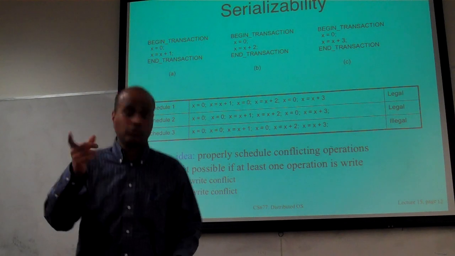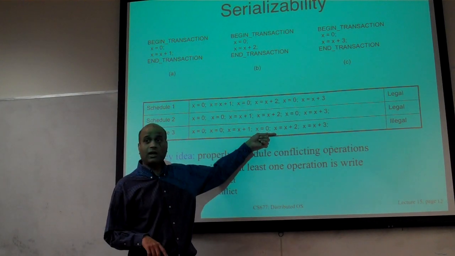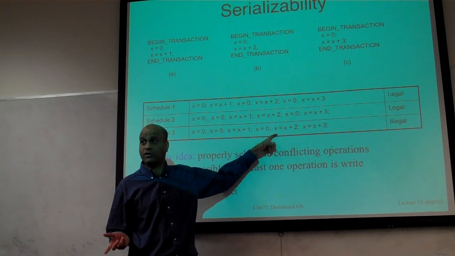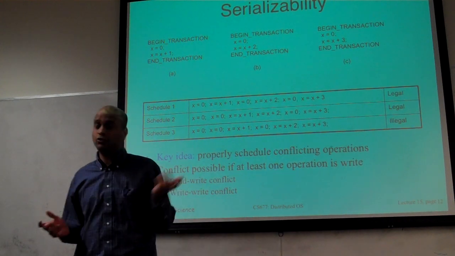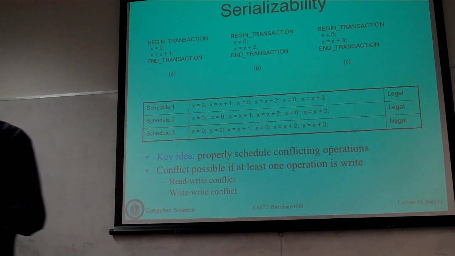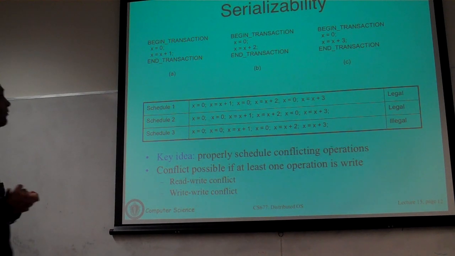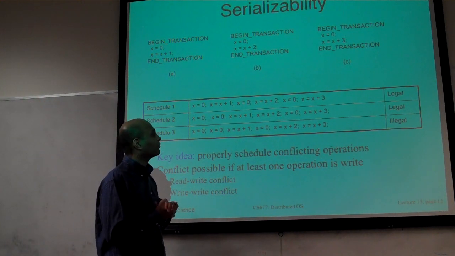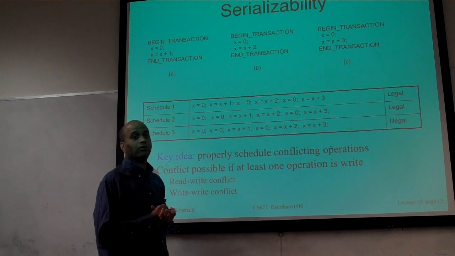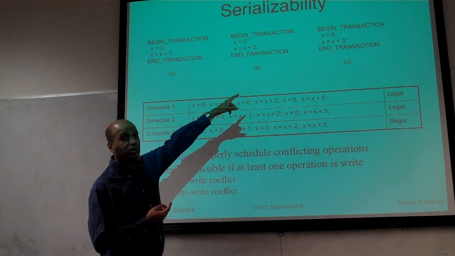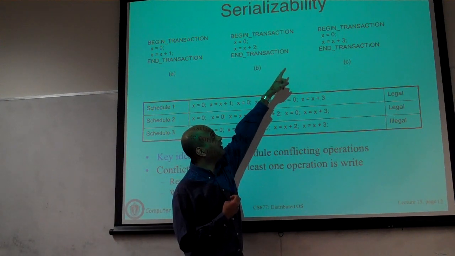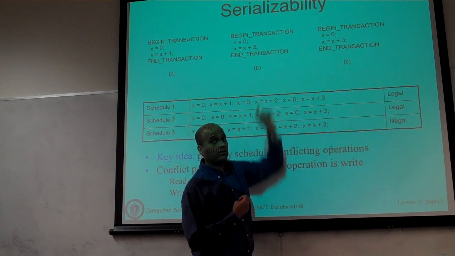Now to come back to your point, if you actually get something like this, you would have to abort the transaction. You would basically have to roll them back. In this case, you may even get cascading aborts. Even in this case, if we cancel, say, transaction 3, we're left at an illegal state in schedule 2. If you undid transaction 3, it would basically undo the last 2 steps in schedule 2.